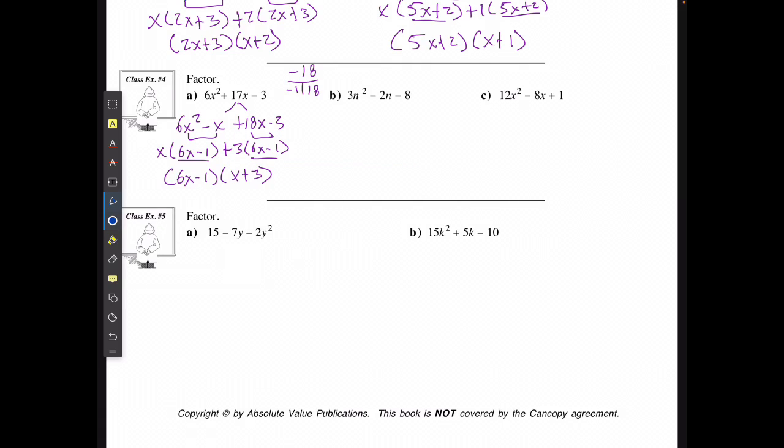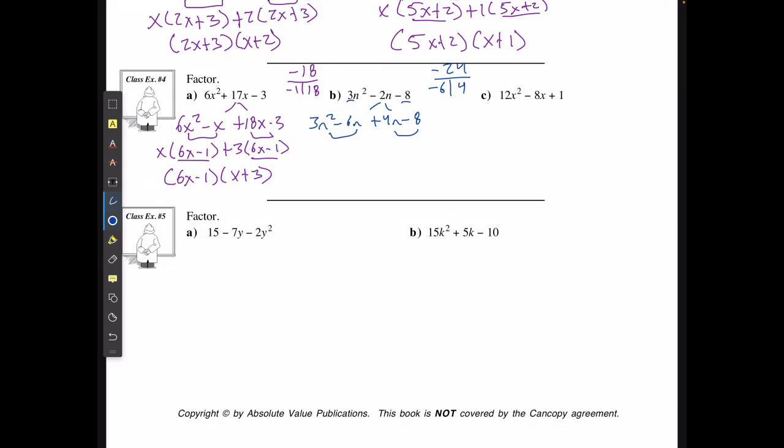Example B, take the 3 times negative 8, looking for two factors of negative 24 that add up to negative 2. And they're going to be negative 6 and positive 4. Split my middle term, and I have 3n squared minus 6n plus 4n minus 8.